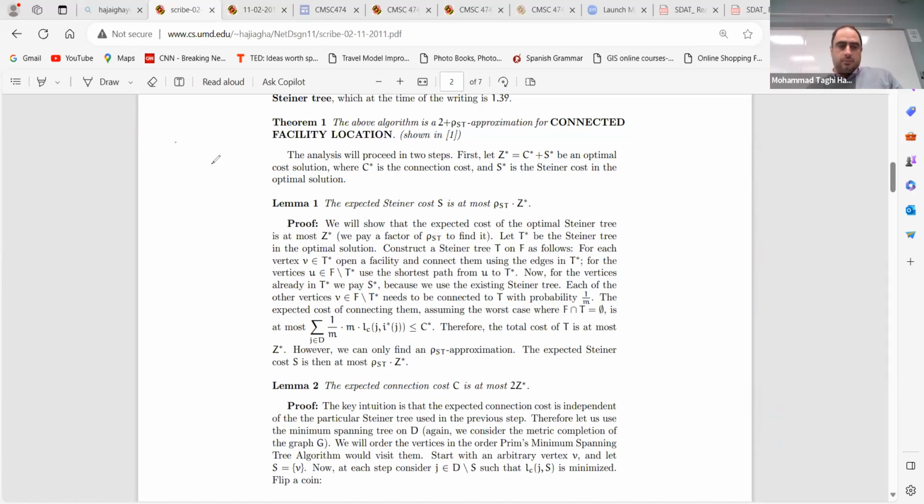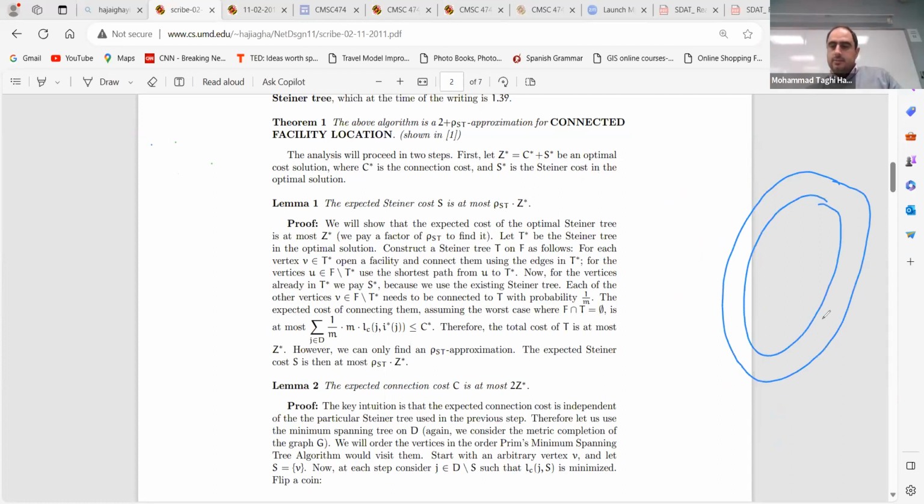So again, let's consider this is the whole graph and say this is D. And then for some of these guys, which is F essentially, I will buy this guy, and everyone else, I'm just connecting. So these are the buy edges, heavy edges. These all are just connecting to the closest facilities. So let's see this one.